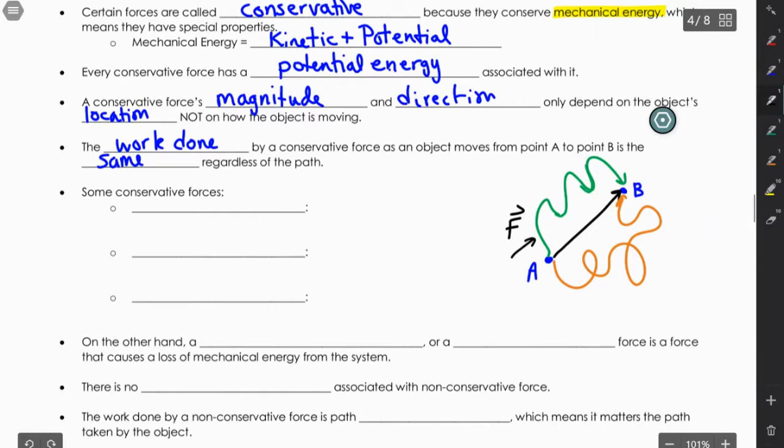If this force is conservative, the work done will always be the same, no matter how I get there. So if F is conservative, the work done will always be the same.